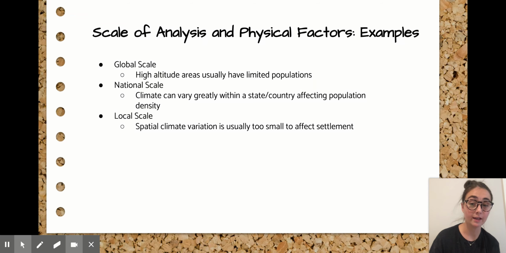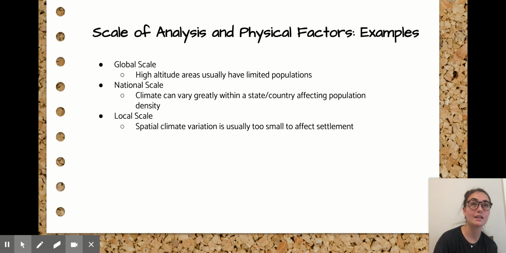At a global scale, high altitude areas usually have limited populations. So that's a climate factor. Simply because it's cold and it's hard to live there. But if you looked at it at a national scale, climate can even vary greatly within a certain state.